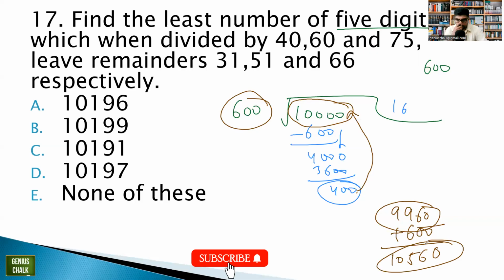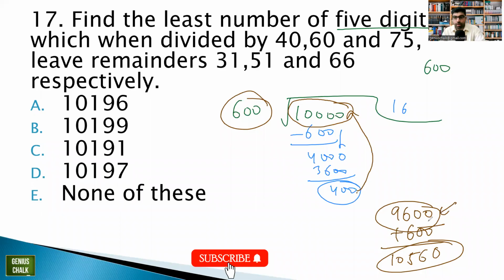If you subtract 400 from 10,000, the remainder becomes 0, and 9600 is completely divisible by 600.